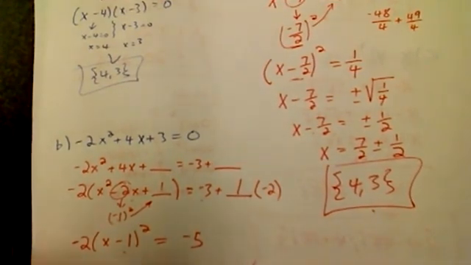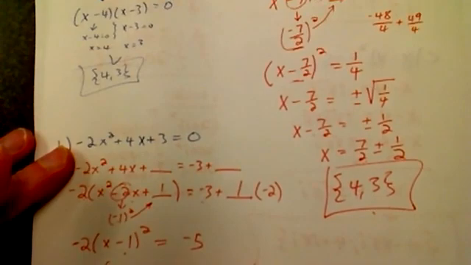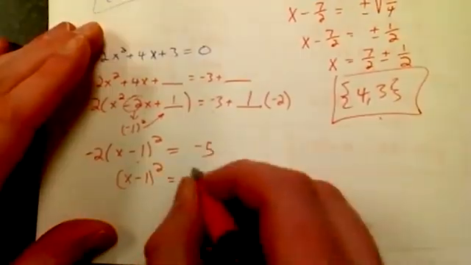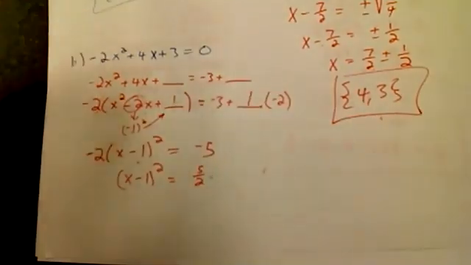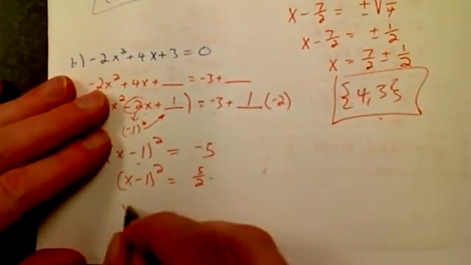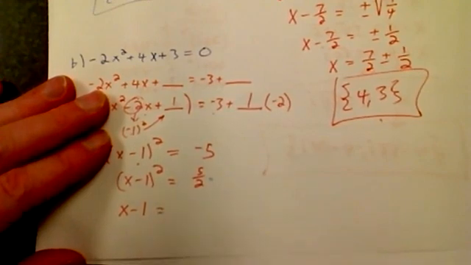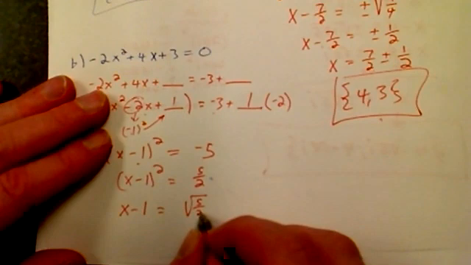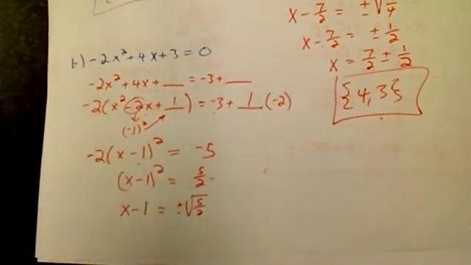Divide both sides by negative 2 so that we get x minus 1 squared equal to 5 halves. And now I'm ready to take square roots. x minus 1 is equal to the square root of 5 over 2, and that's really plus or minus the square root of 5 over 2.